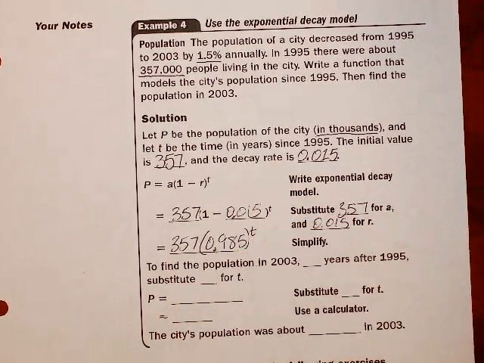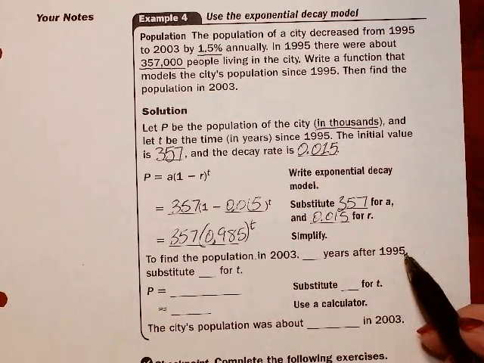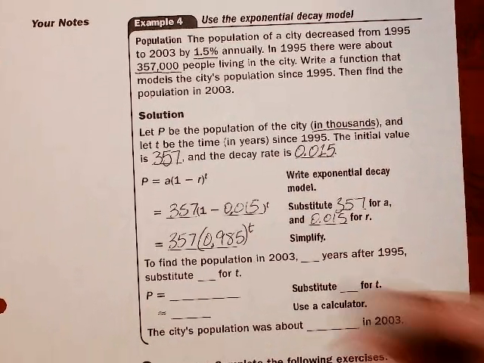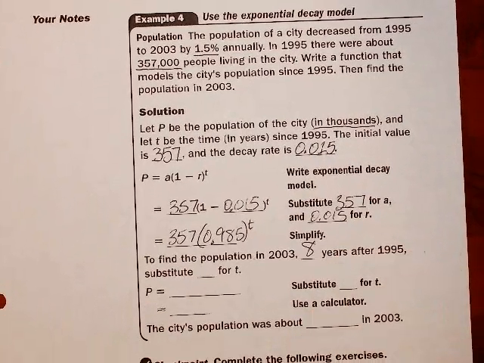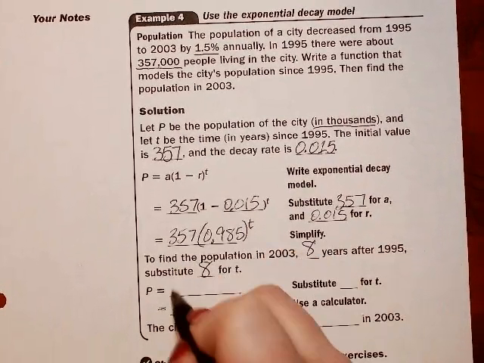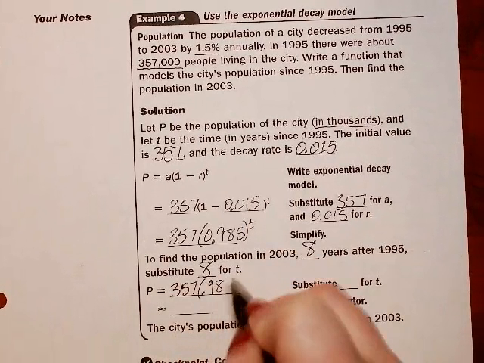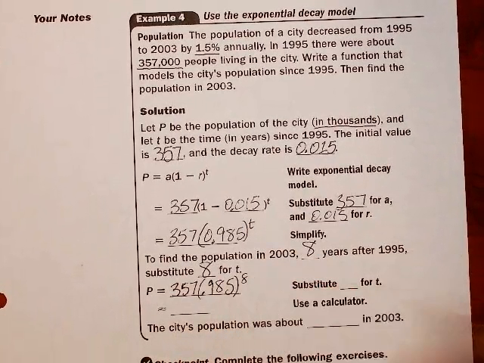So that's our equation. To find the population in 2003, which is 8 years after 1995, we are going to substitute in 8 for t. So 357 times 0.985 to the 8th, substituting in 8 for t.